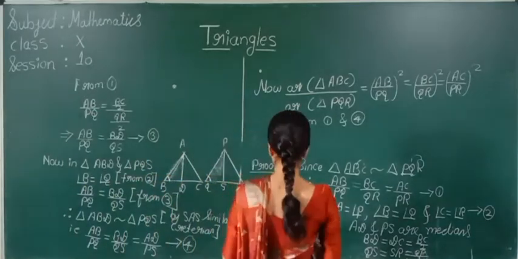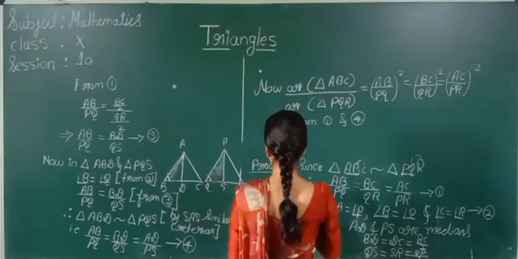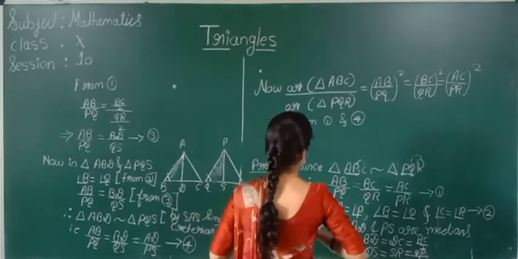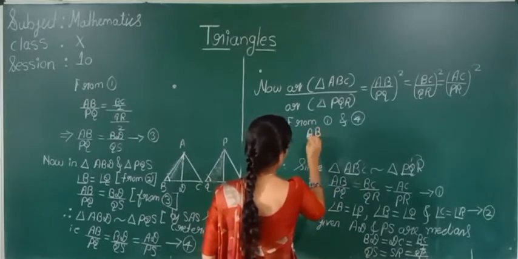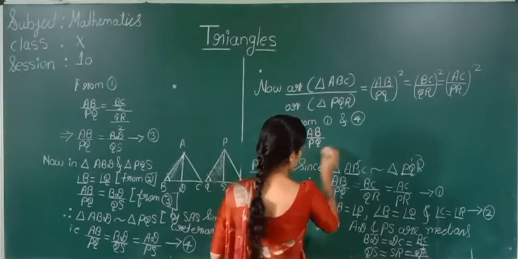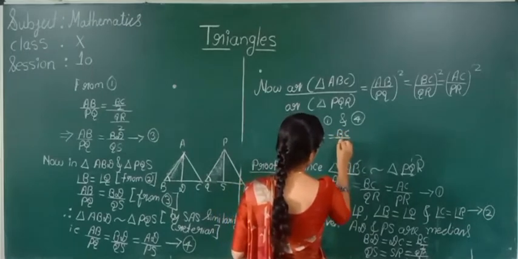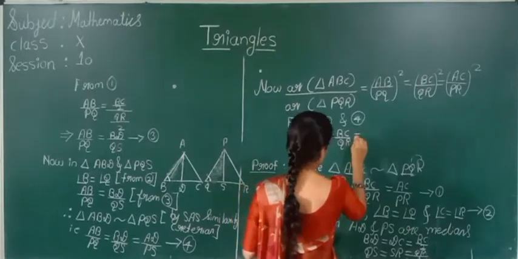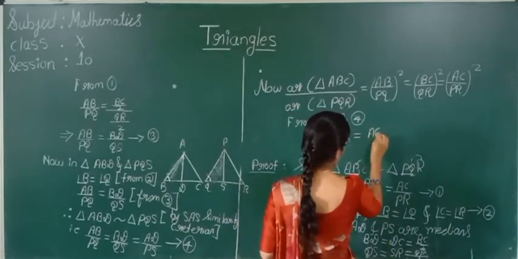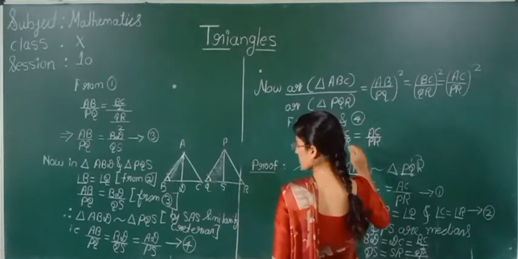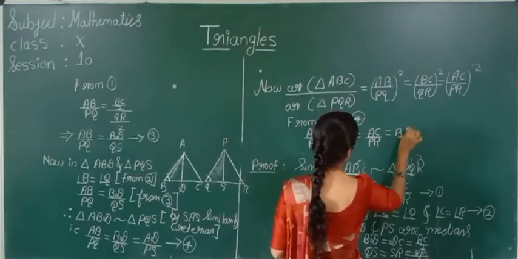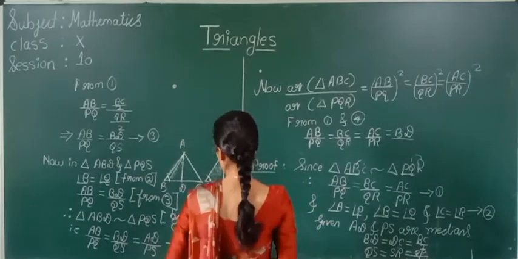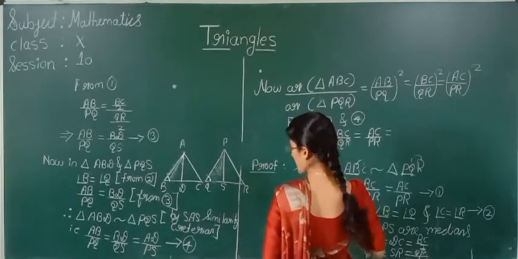From equation 1 and 4, I can write it as AB by PQ is equal to BC by QR is equal to AC by PR is equal to BD by QA is equal to AD by PS.